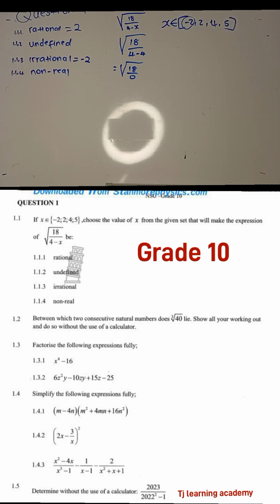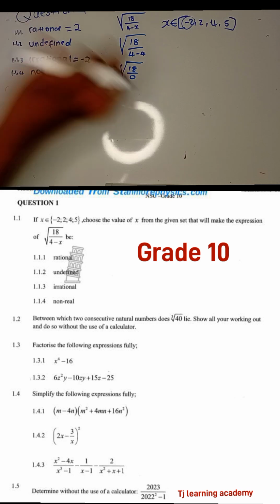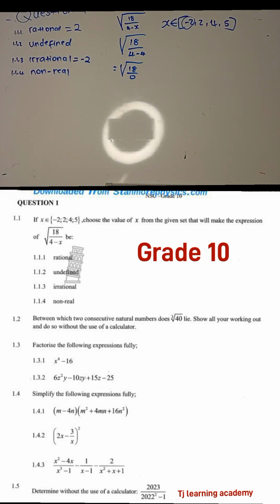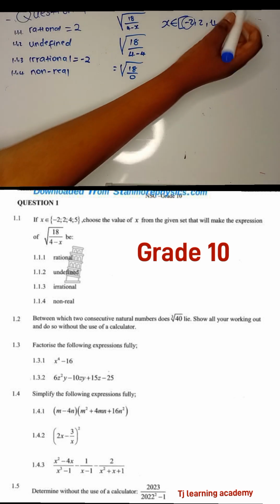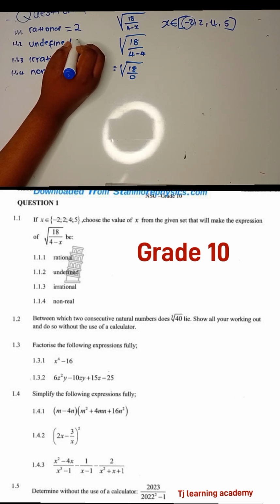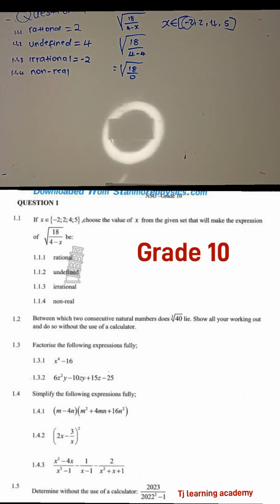Any number divided by 0 is undefined. When you put this in your calculator, it's going to give you math error. So 4 will make the expression undefined. I'm going to put 4 here.